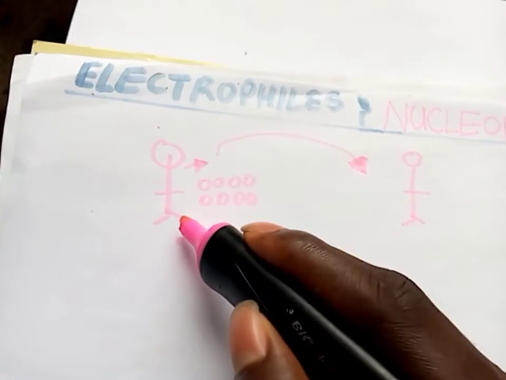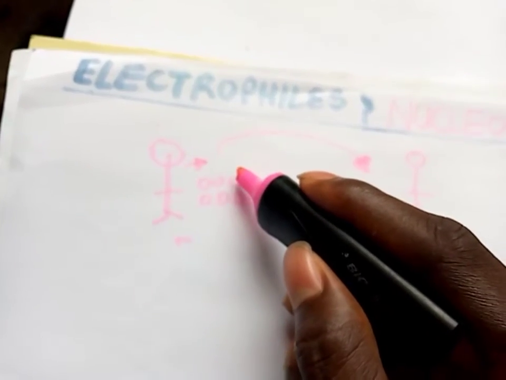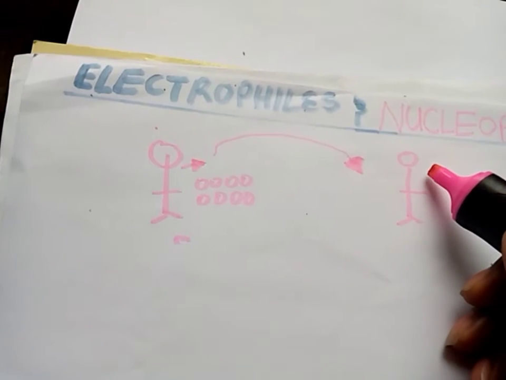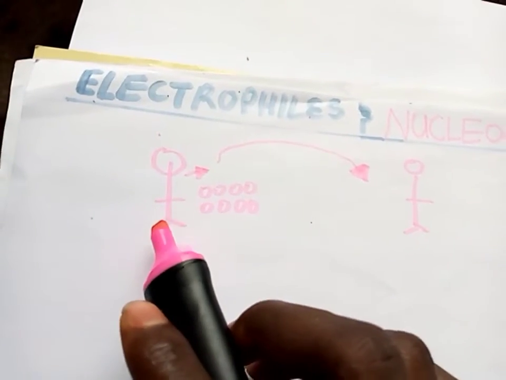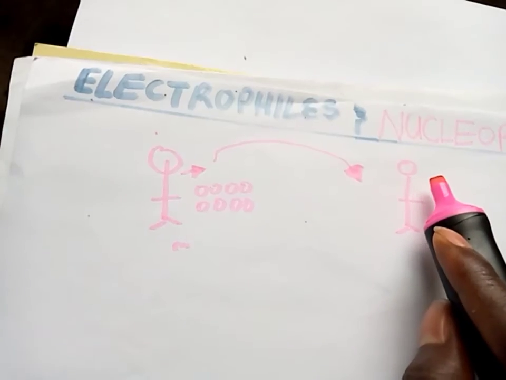So what is this nucleophile gonna do? It is gonna give out maybe 2 or 3 pairs of its electrons to this electrophile. So I hope this helps. Like this, our nucleophile is sharing its electrons with this electrophile.